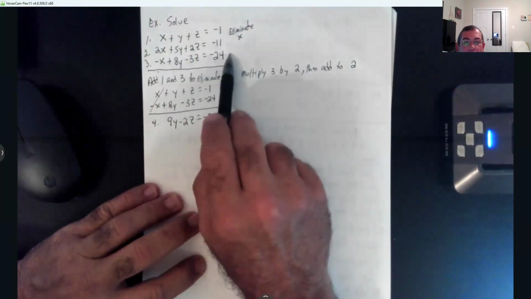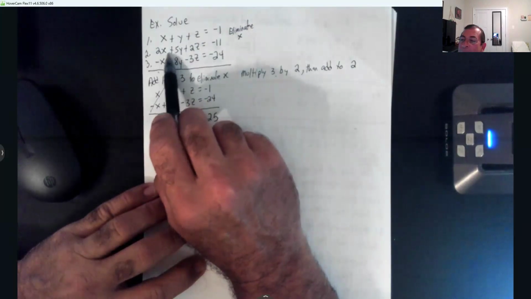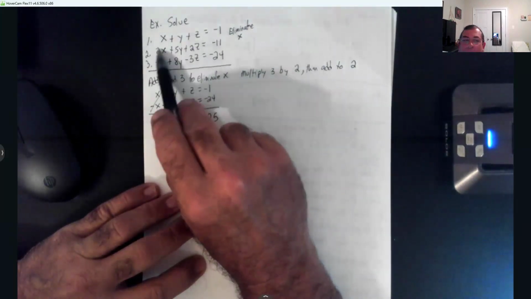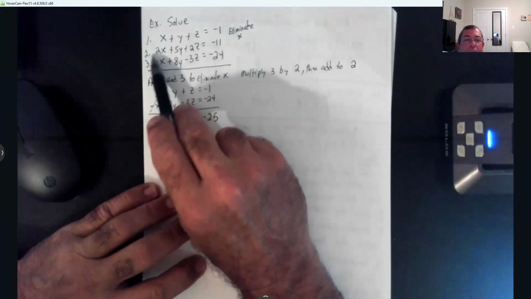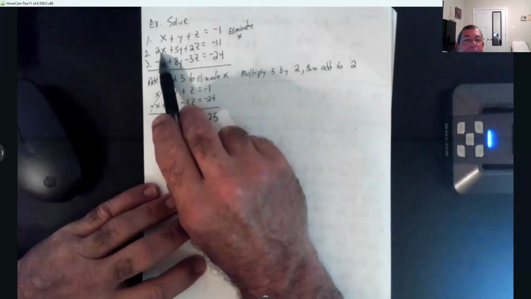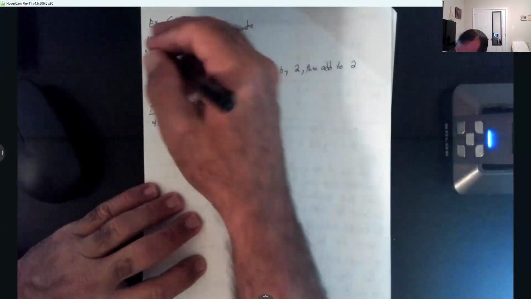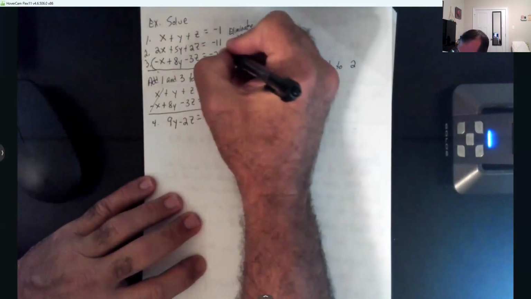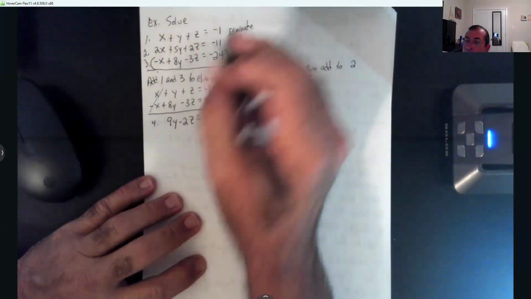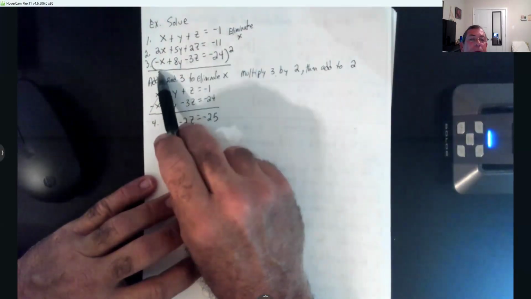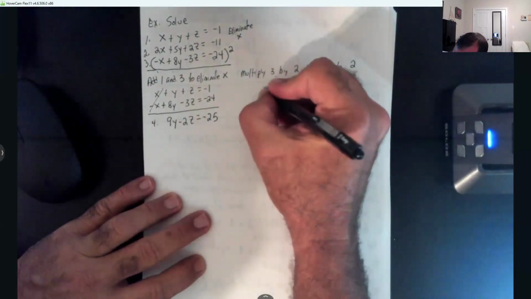Once I've changed equation 3, then I can add to my equation 2 here, okay? So I'm adding 2 and 3 this time. So let me bring down equation 3. Let's multiply this whole thing by a 2. So that's going to give you 2 times -1 is -2X.